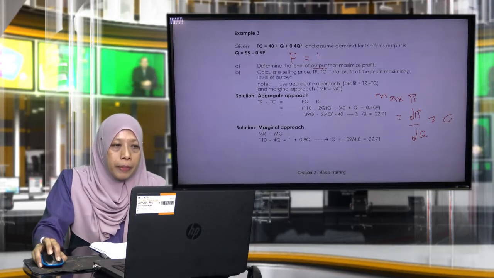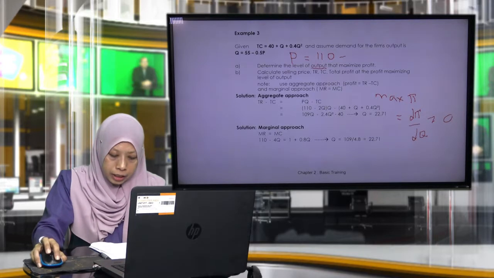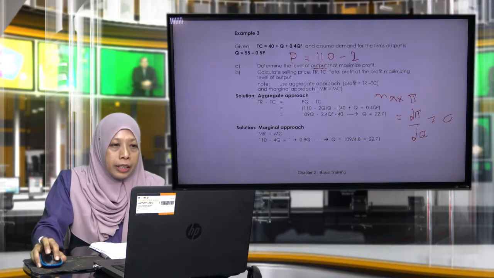Bear in mind that based on this Q function, the P function is going to be 110 minus 2Q.